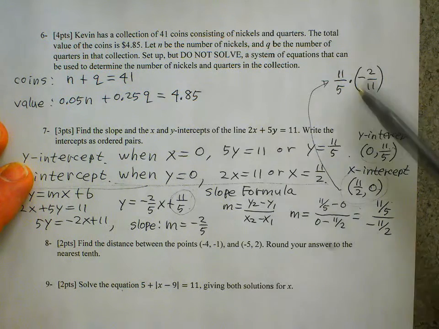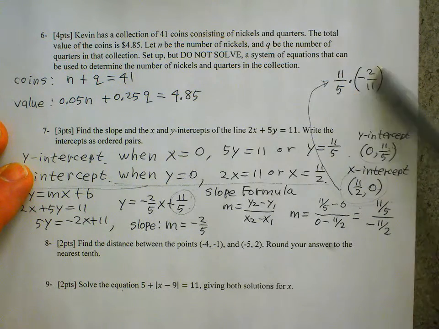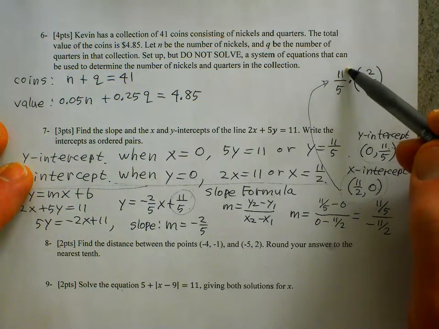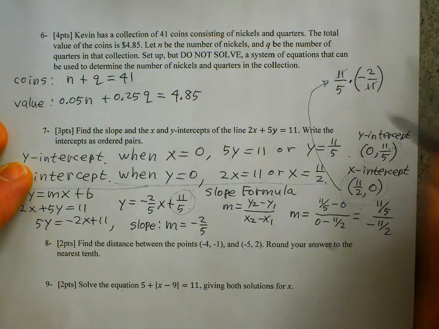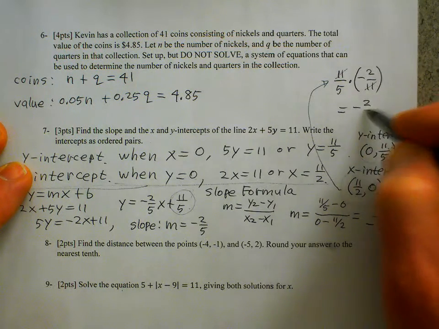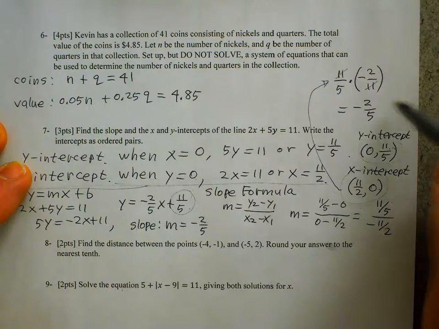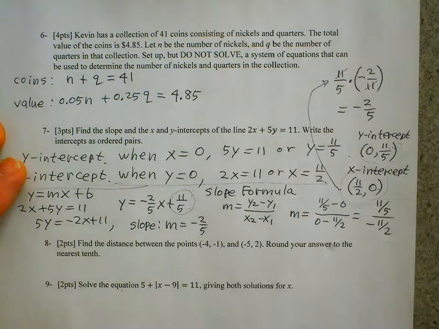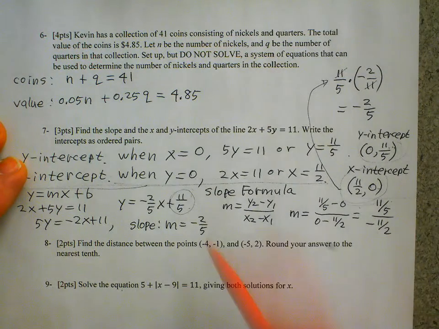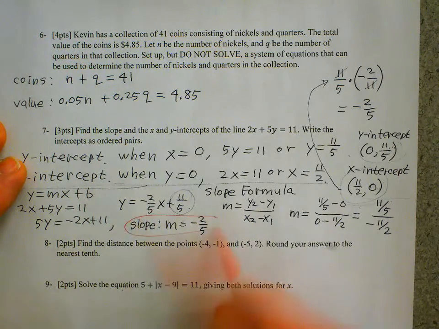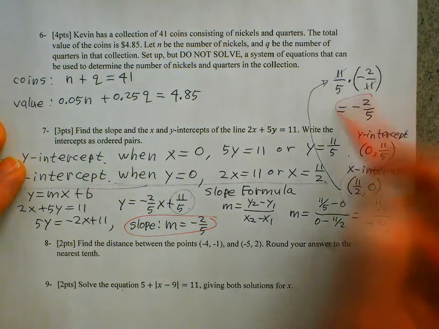And then 11/5 times negative 2/11. The 11s cancel each other out, and we're just left with negative 2/5 for the slope. Yeah, that's the same number we got using the other method.